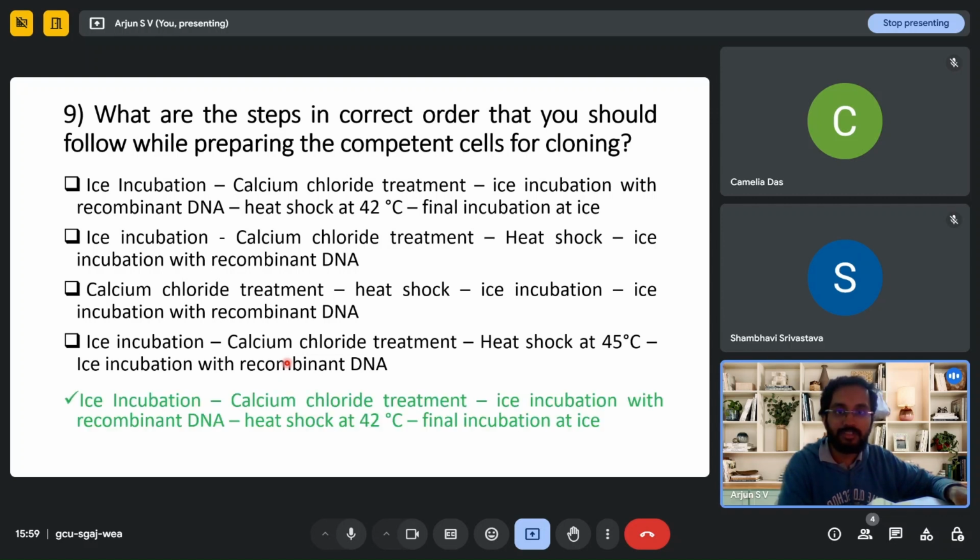So the correct option is: you first incubate your competent cells on ice, and then you give calcium chloride salt treatment, and then you incubate it with recombinant DNA, and then you give a heat shock so that you disrupt the cell membrane, and finally you incubate it on ice. So this will be the correct order of steps to proceed with cloning.